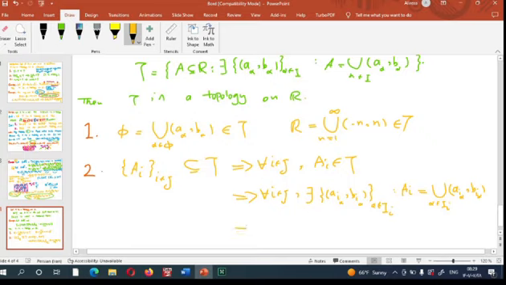And finally, the union of these sets, okay, equal to this union, but this A_I equal to this union itself, okay.